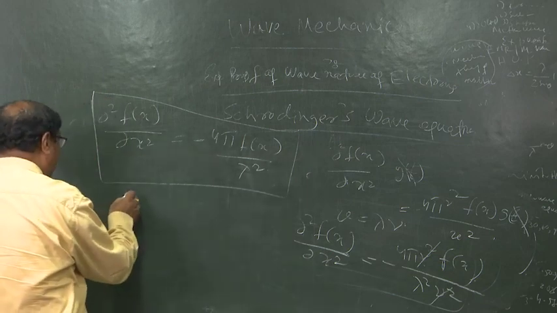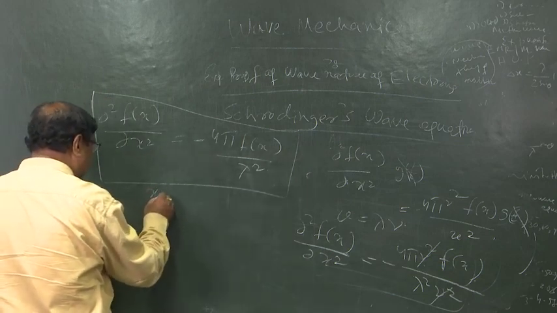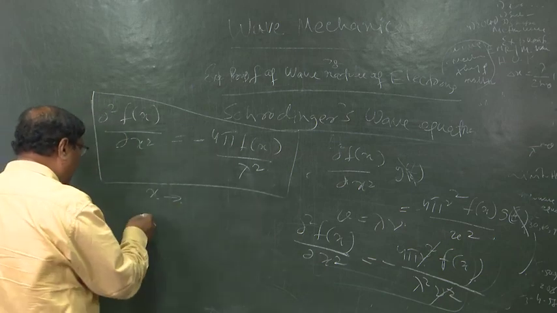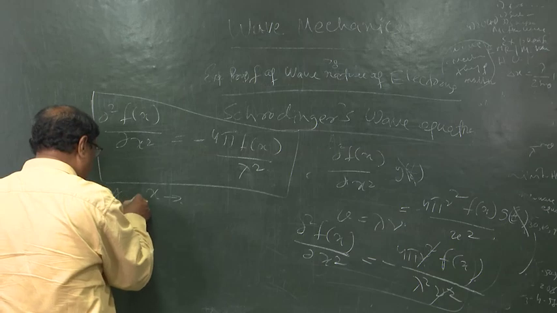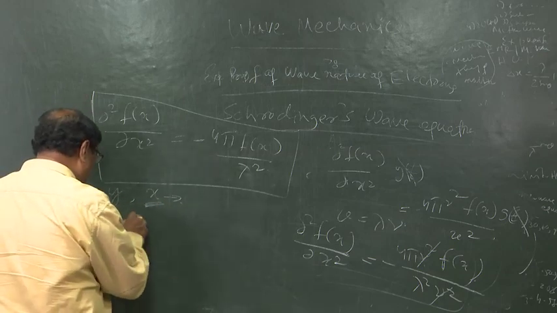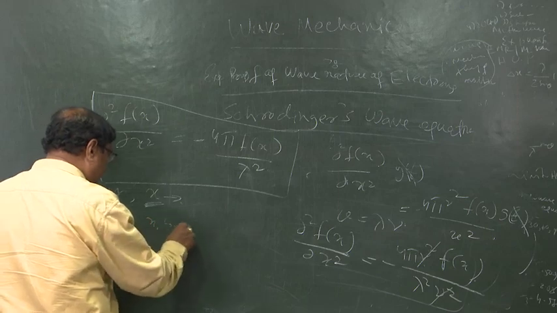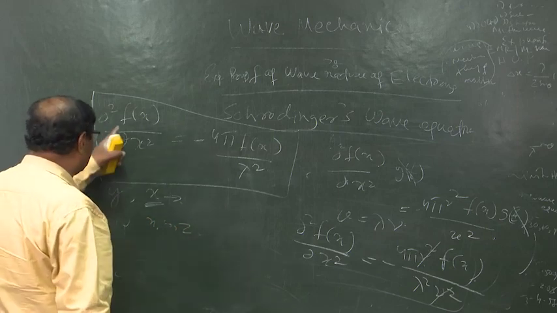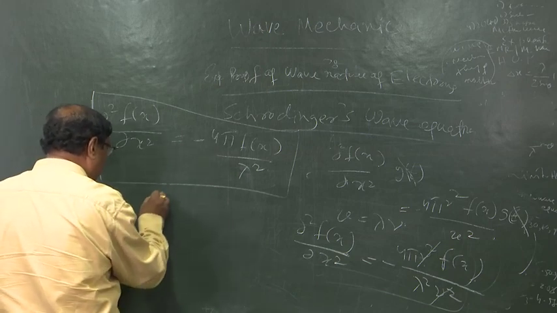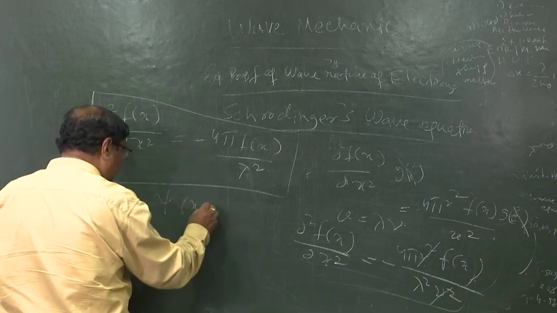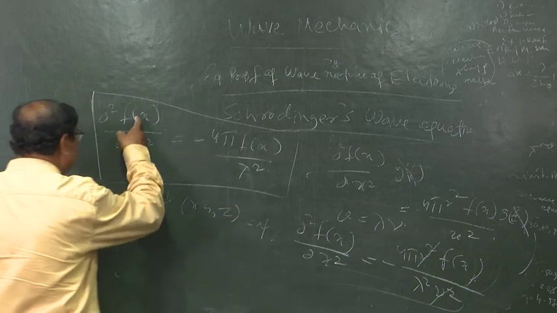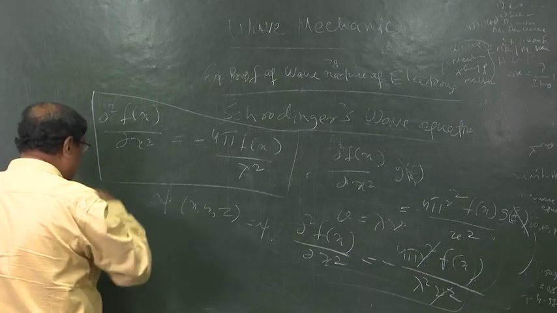Now for 3 coordinates, f(x) is the wave function for one coordinate. Now you take psi as the wave function for 3 coordinates x, y, z. So f(x) will be replaced by psi. Let psi be the wave function for 3 coordinates, or simply you can write psi. So in place of f(x) you put psi(x, y, z).